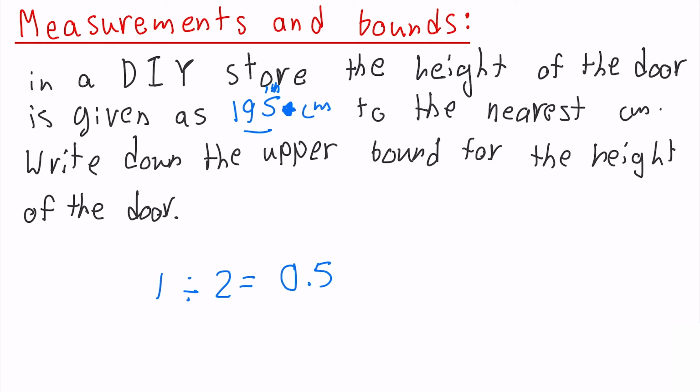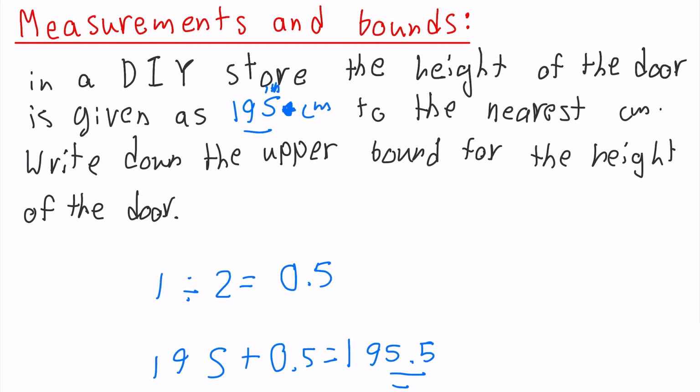We only want the upper bound, so 195 plus 0.5 equals 195.5.